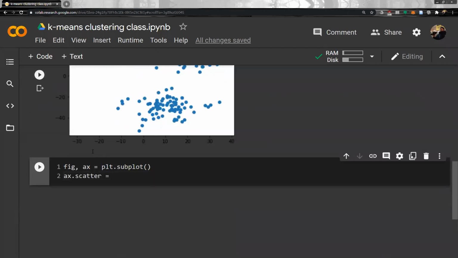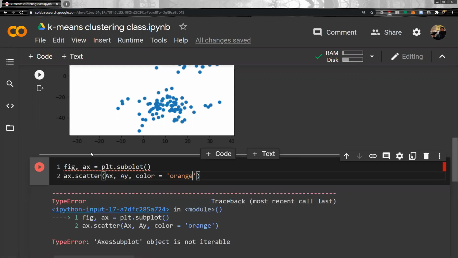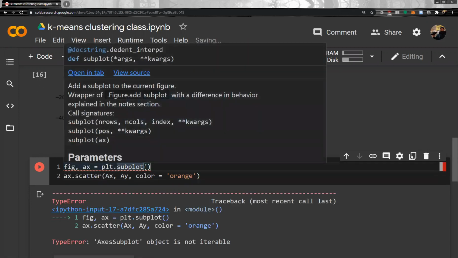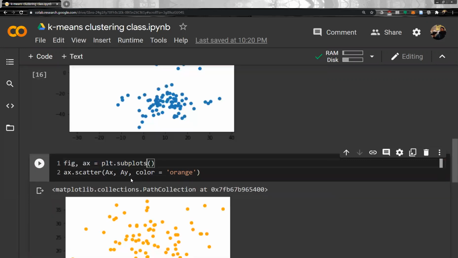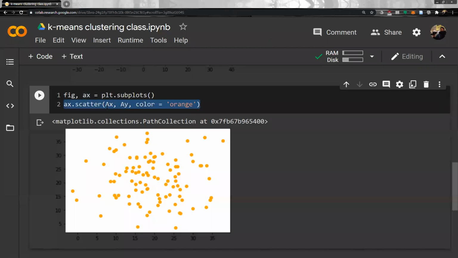Now we will see only AX and AY, AX, AY, and then color. Let's say the color is, I think, well, orange maybe. So plus. Okay, so we have orange.